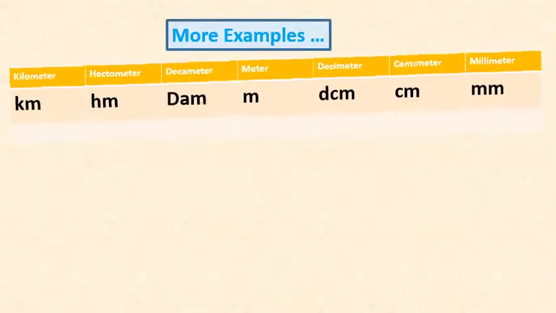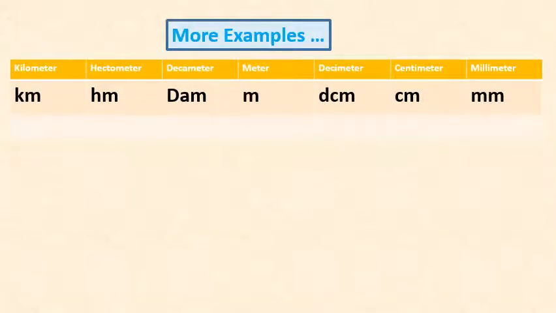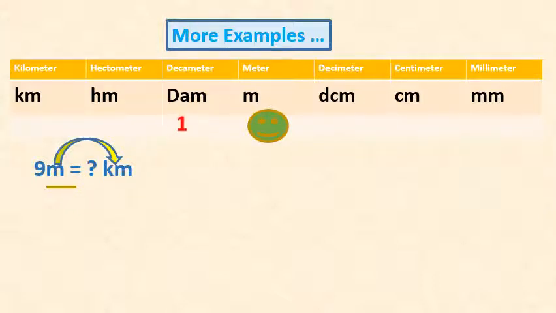Again, more example, and this is the table. So the question is 9 meters equals how much in kilometers? Where are we standing in this table? In meters. Where are we going? To kilometers. So let's put a smiling face in the meters and let's start counting. 1, 2, 3.